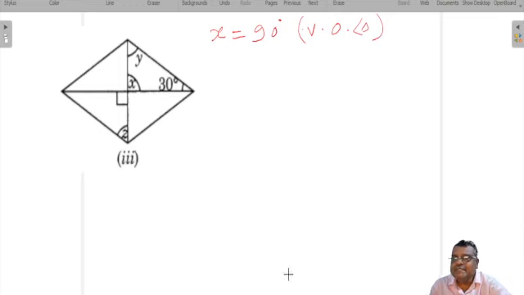Now in this triangle, this x, this y, this 30. So x plus y plus 30 is equal to 180 degrees by the angle sum property of a triangle.